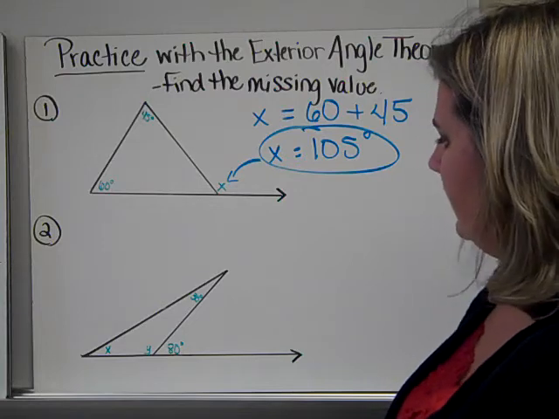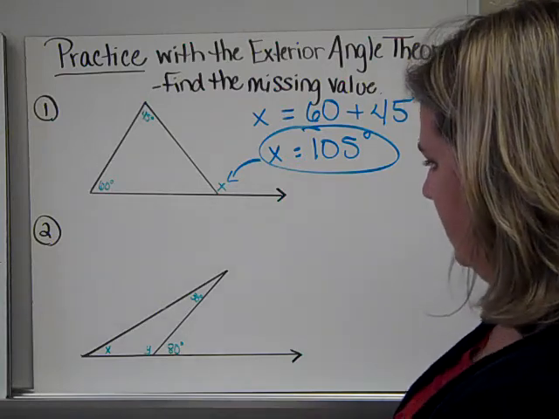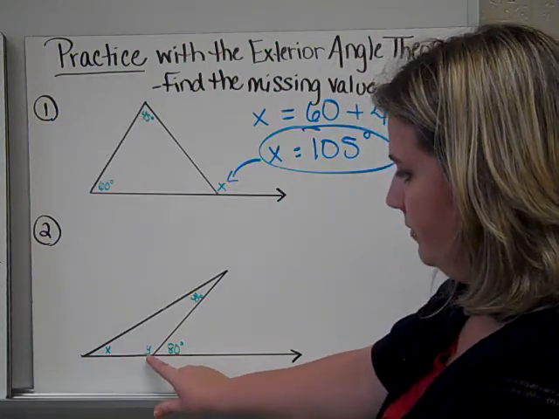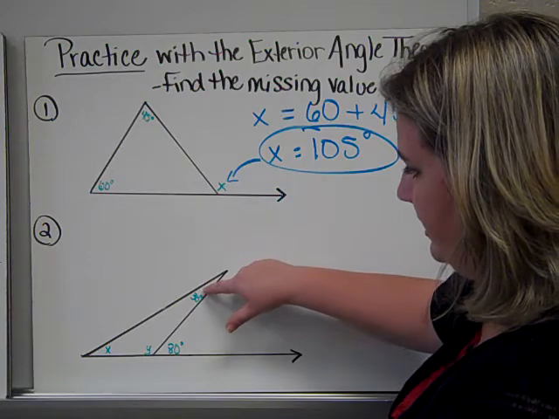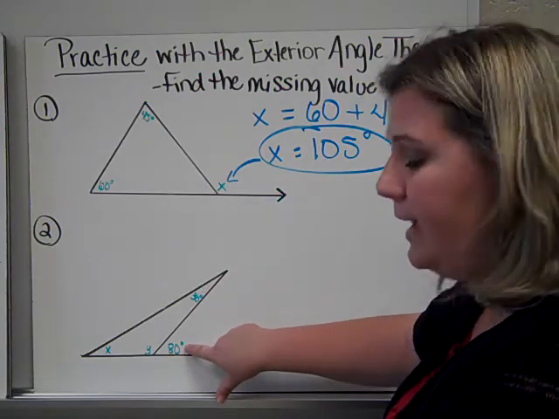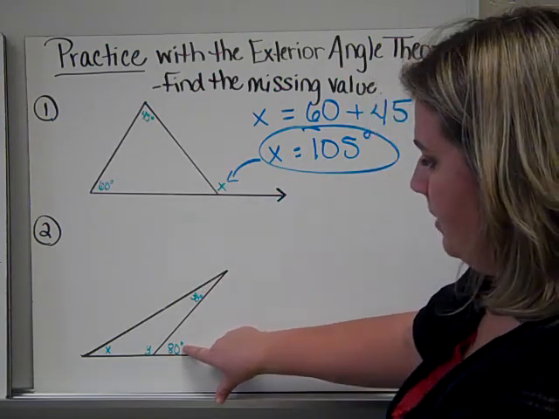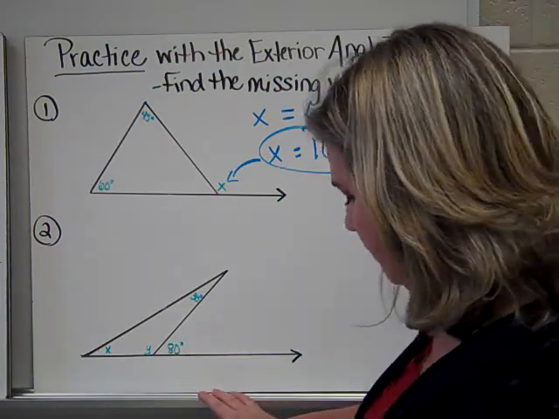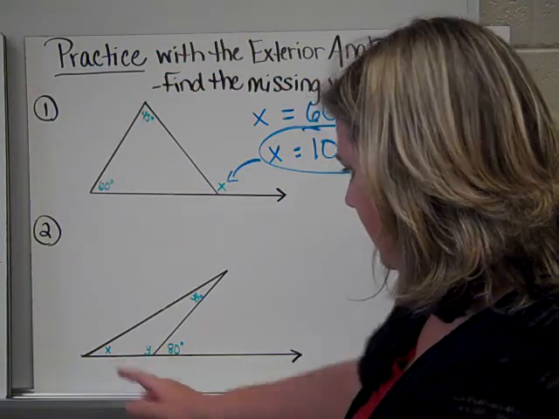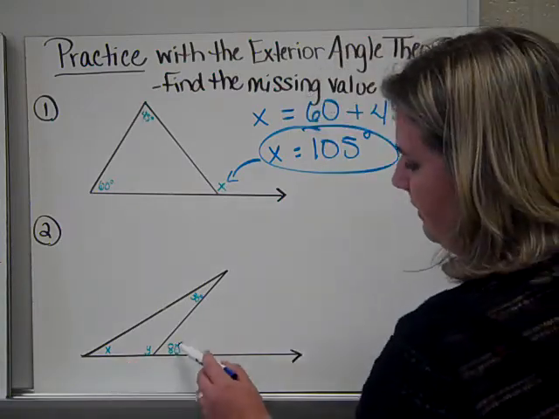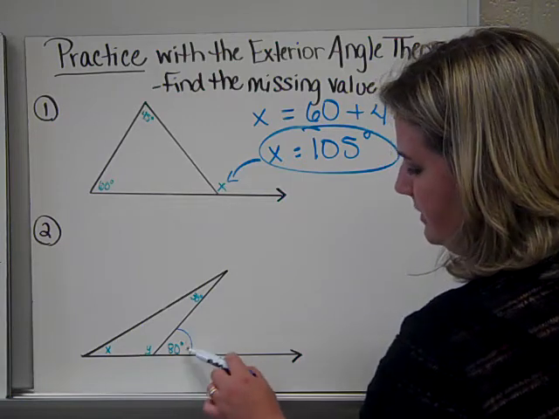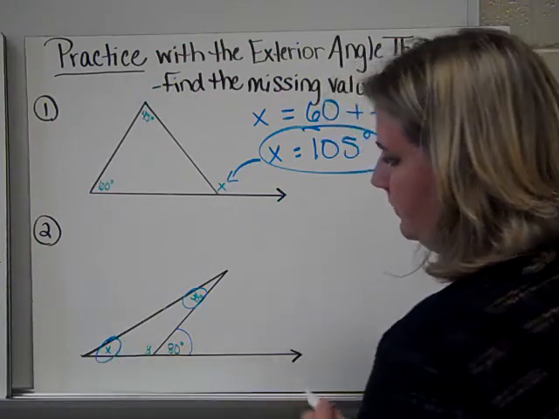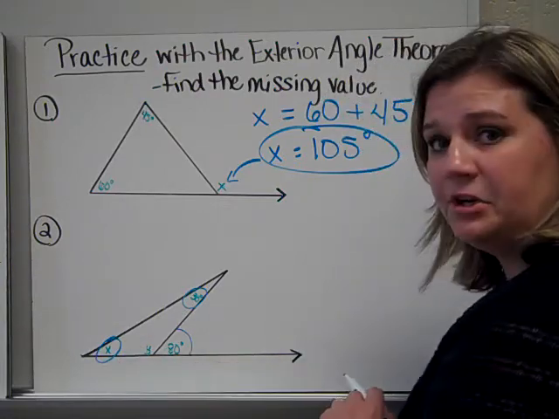Alright, let's look at our second example. You notice here I have angle X and angle Y. This angle is 30 degrees, and this one is 80 degrees. So we've got two angles that we're missing. Let's solve for angle X first. I know that by this exterior angle, the sum of those two equals 80 degrees.